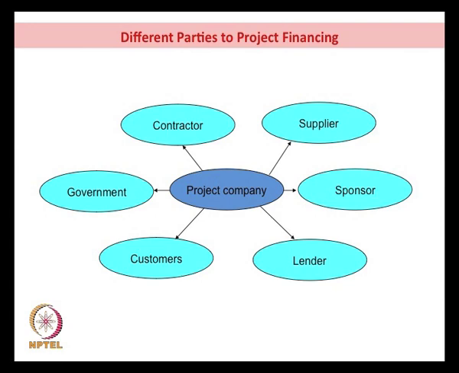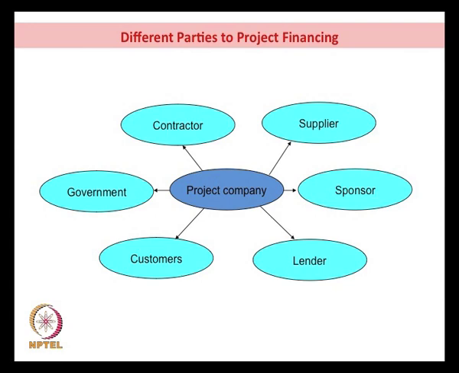This is an illustrative slide. You have what is called your project company. A project company is denoted by several other terms. For example, a very common nomenclature is special purpose vehicle, and we tend to use these fairly interchangeably: project company, special purpose vehicle, or SPV.